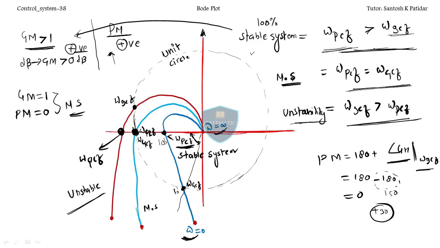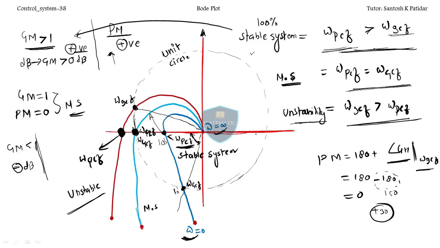And for the unstable system, your magnitude is greater than 1 and GM is the reciprocal of magnitude. So GM will be less than 1, isn't it? If you find it in dB, 20 log 0.5, you will get a negative value, so minus dB. Now this is the phase. See, you have given extra.